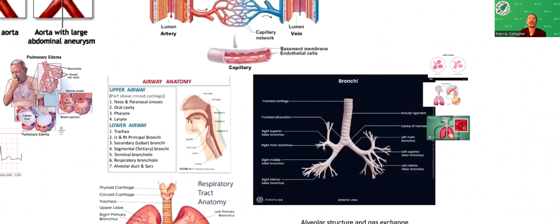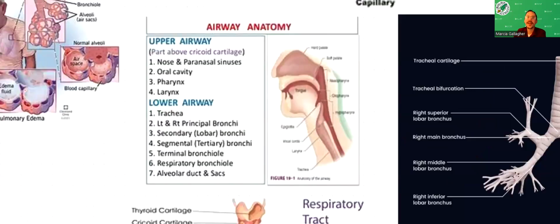You have your upper airway, which is composed of the nasopharynx, the oropharynx or oral cavity, the pharynx, which is where those two structures kind of meet, the larynx, which is where your vocal cords are, and the epiglottis, which is a small flap of skin that sits on top of your trachea that closes off when you swallow. So my epiglottis is open when I'm talking and breathing, but as soon as I swallow, the epiglottis closes so that food and other material cannot get into my trachea and instead goes down my esophagus.